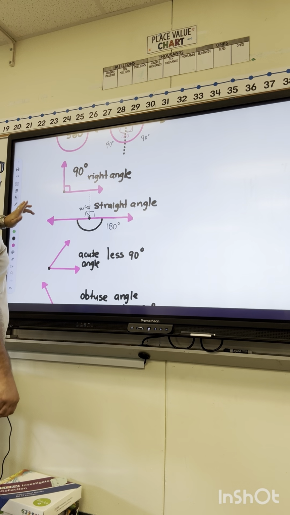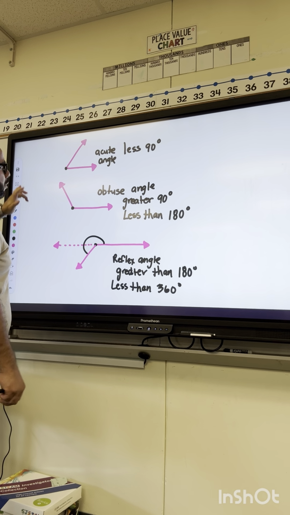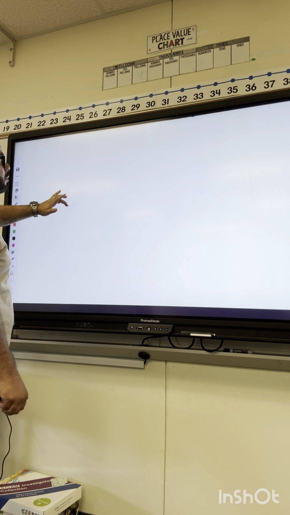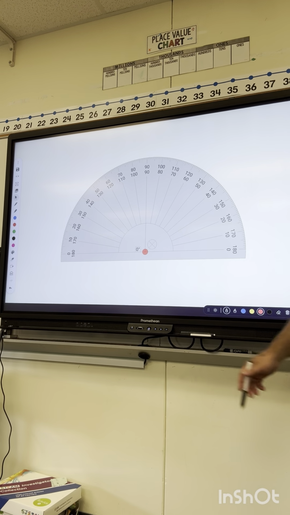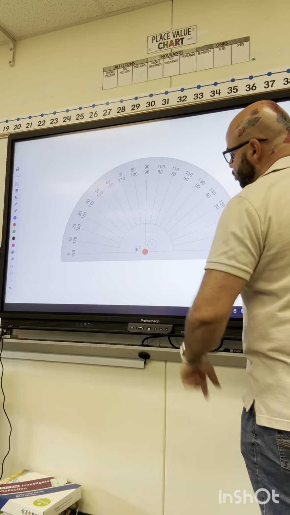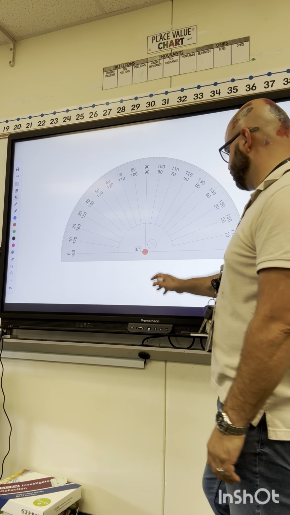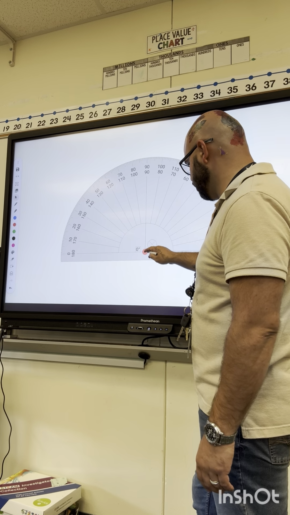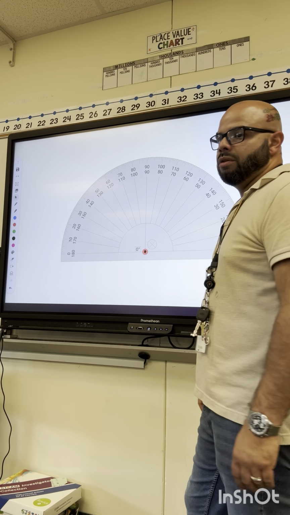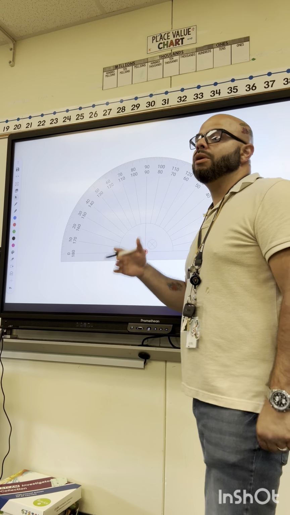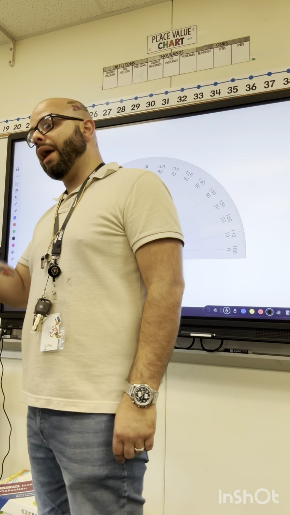So now that we know our angles, we're going to go into the protractor. What is the protractor? A protractor is a tool that we use to measure angles. In the protractor, you have a center point, just like a vertex. This little center point is going to help you align your angle.